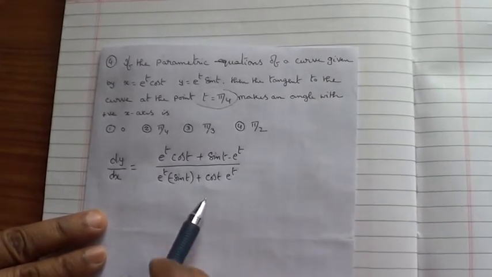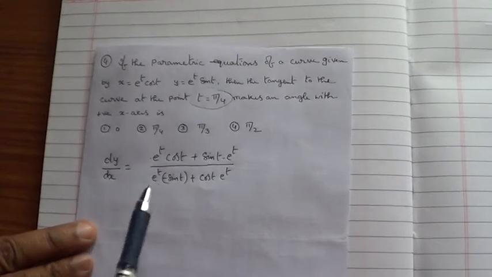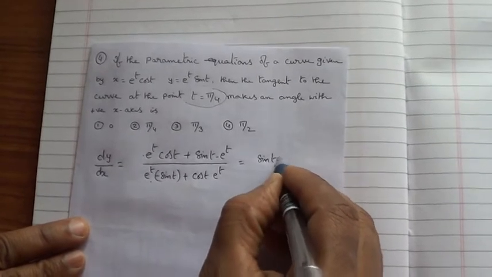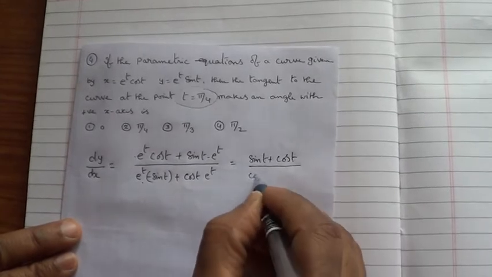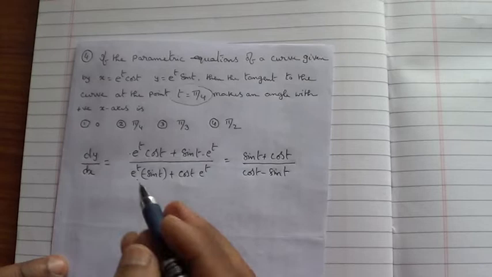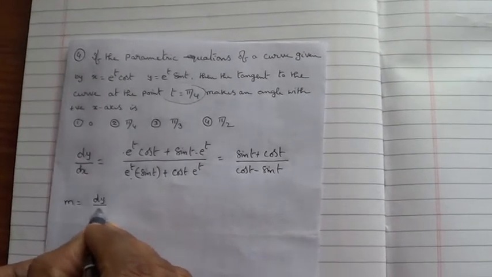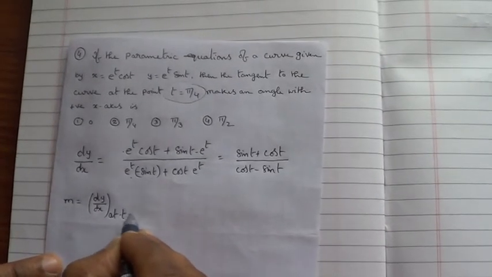So e power t is common and cancels, and we are getting sin t plus cos t divided by cos t minus sin t. But he is asking the slope of the tangent, which is dy by dx at t is equal to pi by 4.